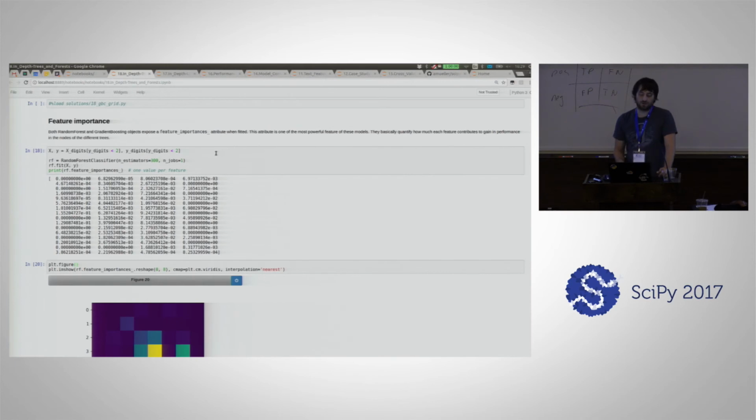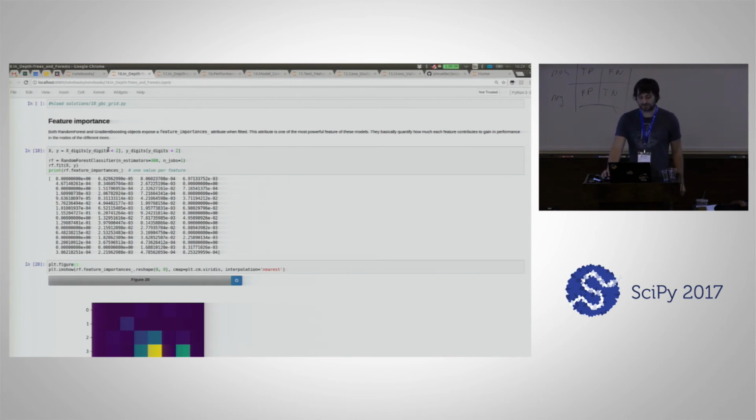But there's one way in which we can summarize the trees somewhat. There are feature importances, which say how often a feature was selected and how important it was to select this feature in all of the trees. So this aggregates over all of the trees how important the feature is in a tree.